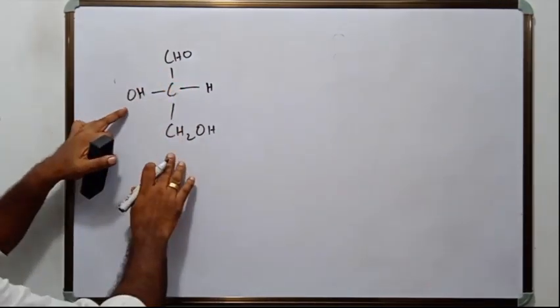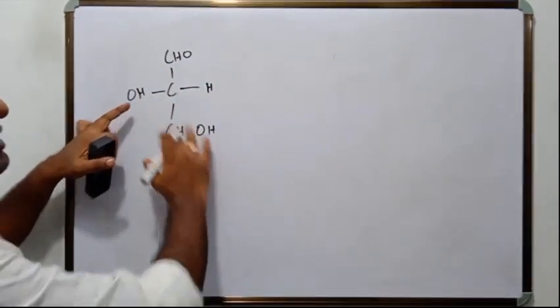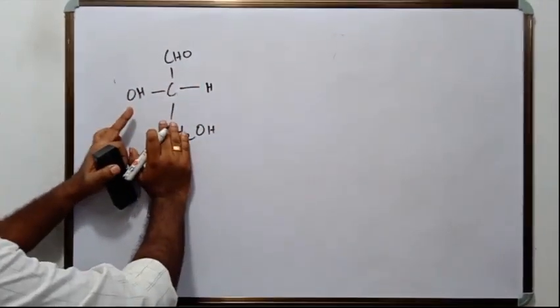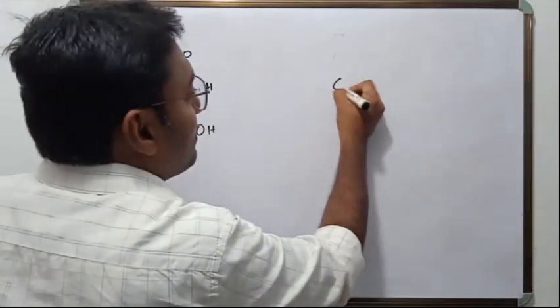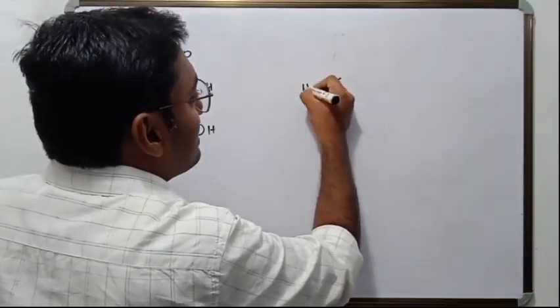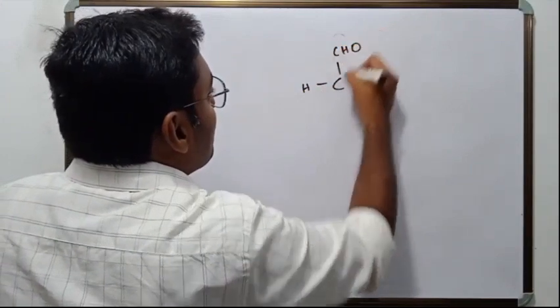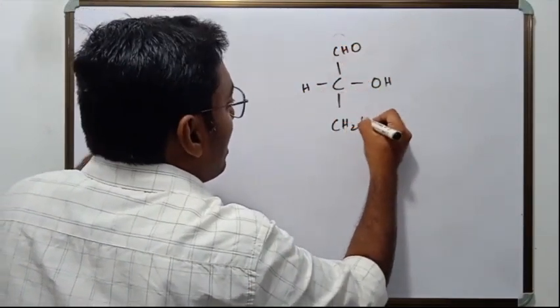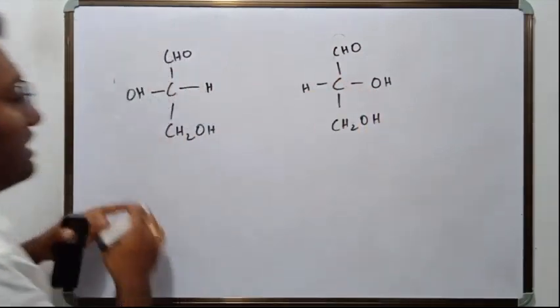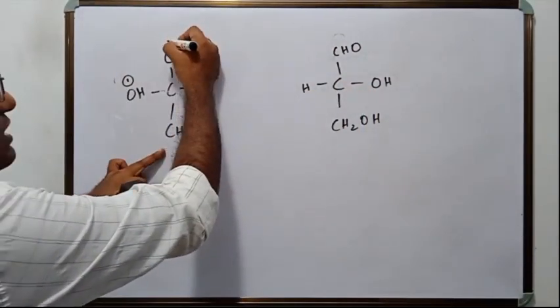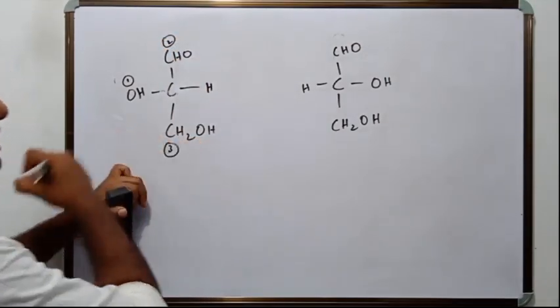This is one isomer. For the other isomer, the groups may be arranged in such a way that it is a mirror image of this and is non-superimposable. So we get a structure like this. Now you can go for assigning configuration to it. So this will get number 1, this will get number 2, this will get number 3.